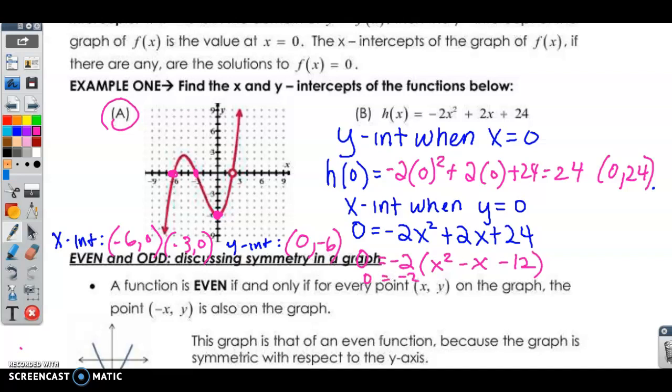So I'm going to see if this can be factored. 0 equals -2. You know what? I'm not going to do that there. I am going to put an arrow, line, start here, and factor. All right. So I'm going to go ahead and just place my x's.